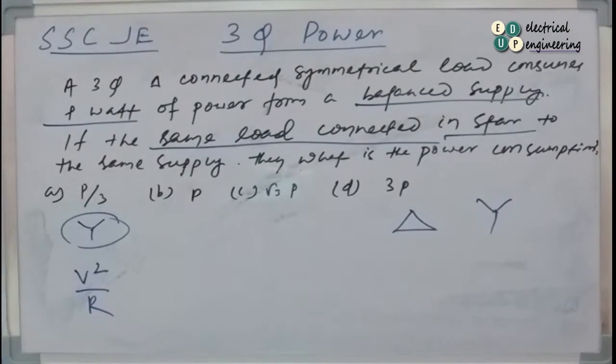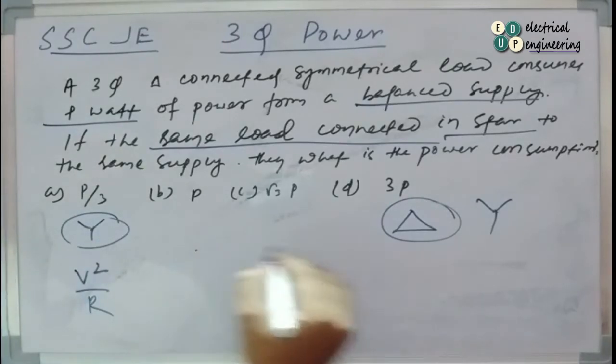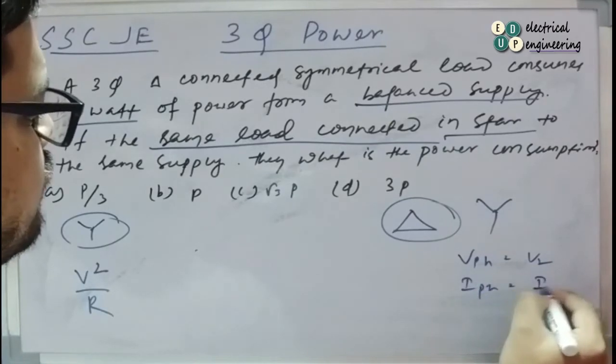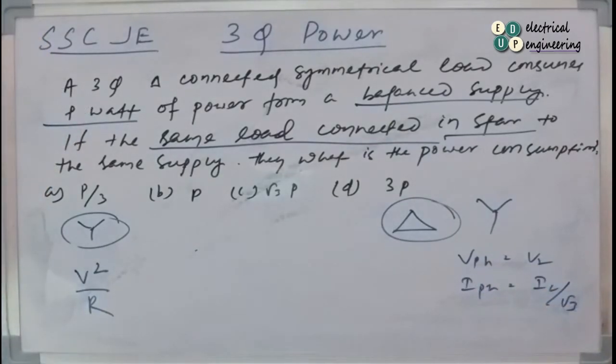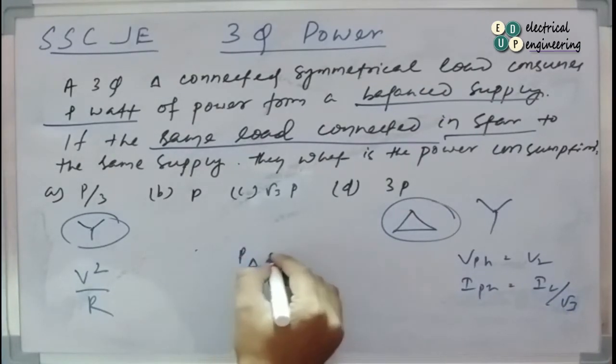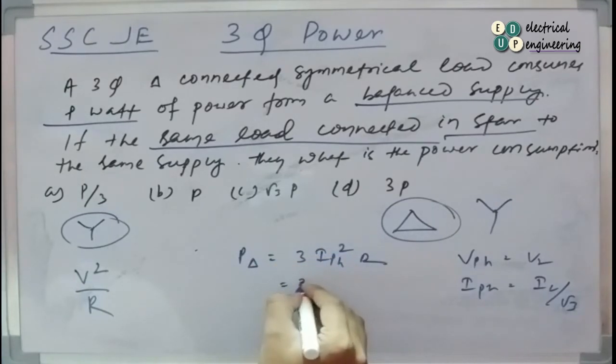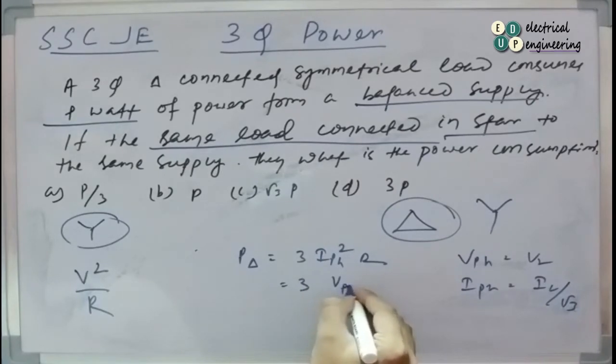Let us find out the power in case of delta. In case of delta, we know V phase equals V line and I phase equals I line by root 3, right? So the power in case of delta is 3 I phase square R, that is 3 V phase square by R square into R. R and R will be cancelled out.